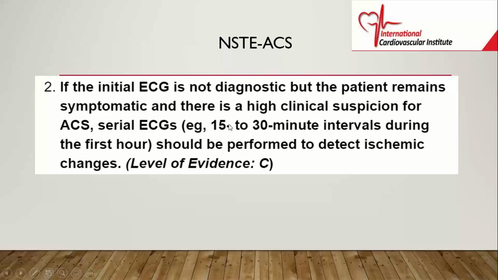If the ECG is normal, you want to repeat in 15 to 30 minutes. I would just go ahead and say once a patient presents with acute coronary syndrome, you need multiple ECGs, to not get into trouble. Every 10 minutes you should be doing an ECG, because this is an evolutionary process and you don't want to be caught flat-footed.